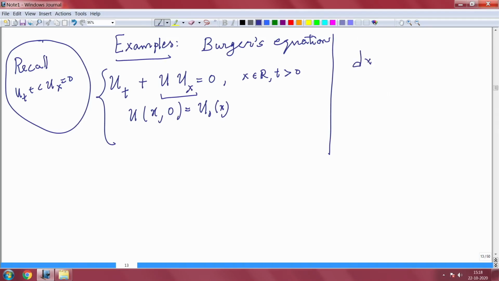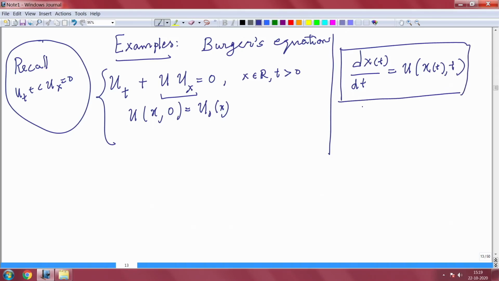We introduce dx(t)/dt equal to u; instead of c you have u here. I am trying to derive some property even though I do not know the characteristic curve, which cannot be solved. This is a general procedure we always follow in PDE: assuming that u is known, you try to do everything.